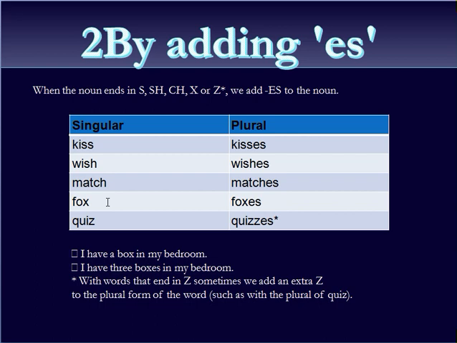Okay, now when we have the word box, here's an exception. I have a box in my bedroom. When we make the plural of box, we add es. I have 3 boxes in my bedroom, just like we have done with fox. So this also you have studied before in previous classes, so nothing new here.